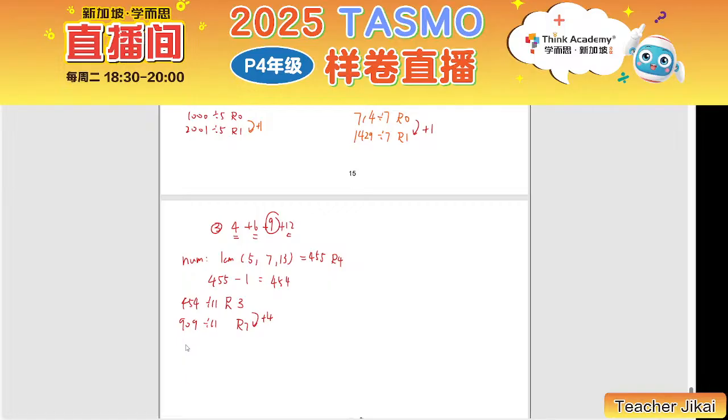And plus another 455, 1364 divided by 11, R0. Yeah, plus 4. And you plus it again, 1819 divided by 11, so plus 4, R4. Right, so this is it. Do we have an R9 here? Also no. So let's think about the fourth case.